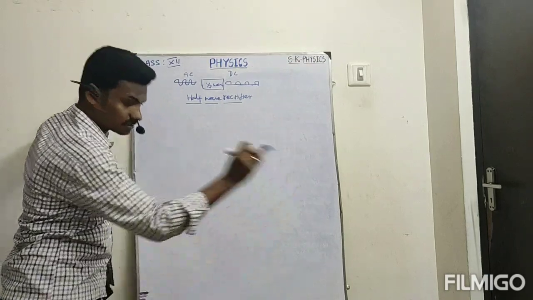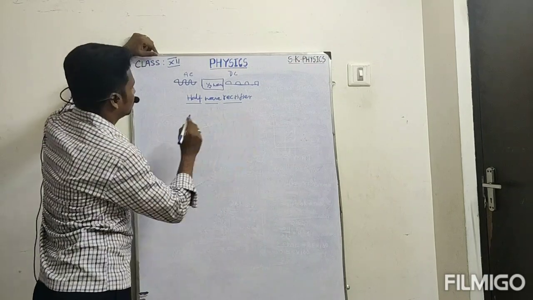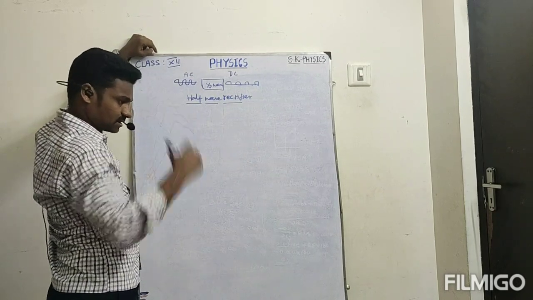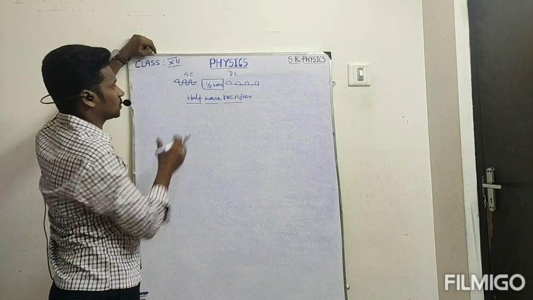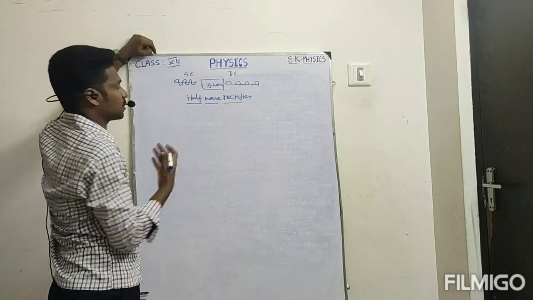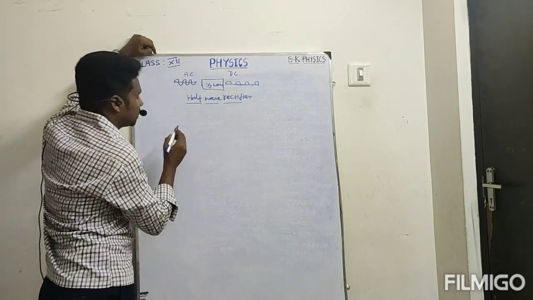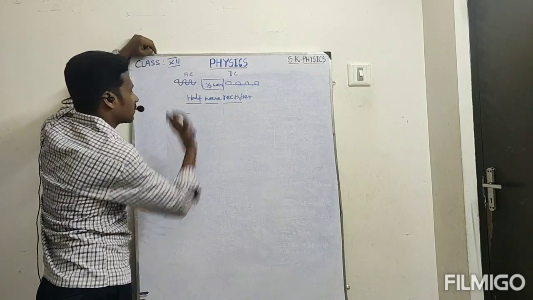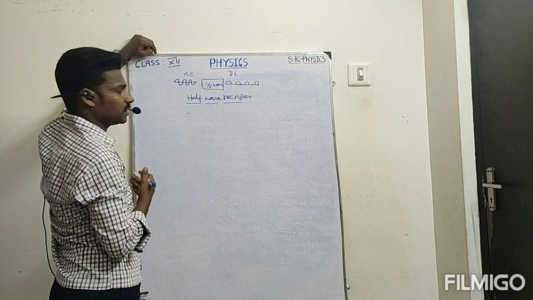First, the transformer. We know there are different types: step up transformer and step down transformer. Now in this case we need low voltage only, so I can use a step down transformer. Generally in the transformer, the primary coil and secondary coil are there.